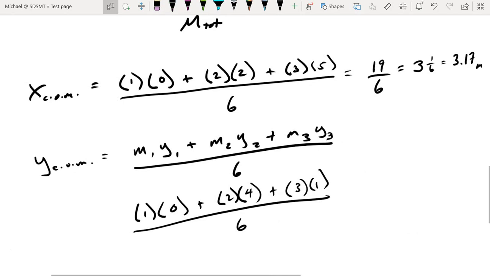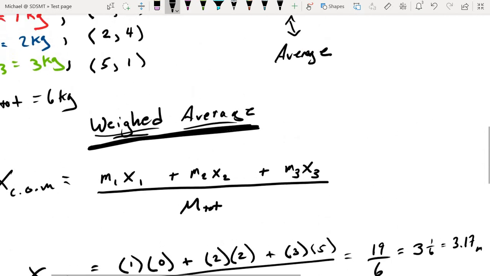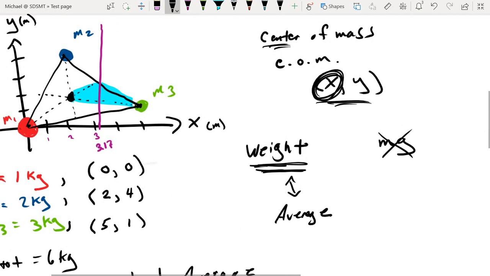All divided by the total mass of the system, and this is giving us 11 over 6. And that comes out to be 1.83 meters.